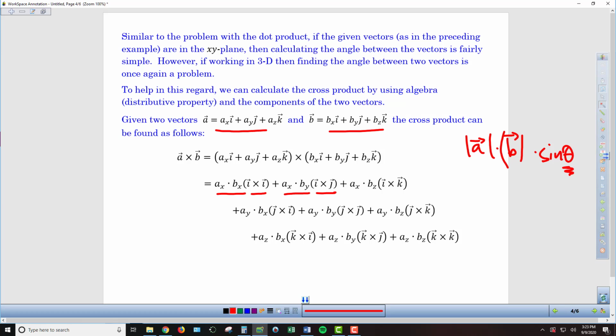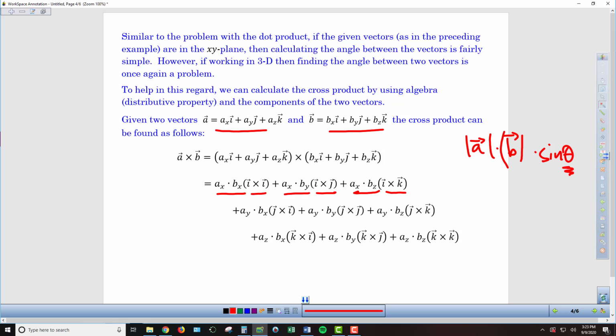We're going to do the same thing with the x component of A times the z component of B, and then I'm going to take the cross product of i and k. So I'm basically multiplying the values of the coefficients in front of all of these components, and then I'm taking the cross product to get the vector piece of it for each of these.